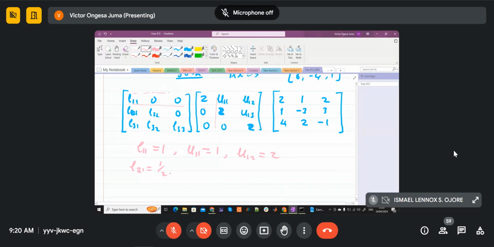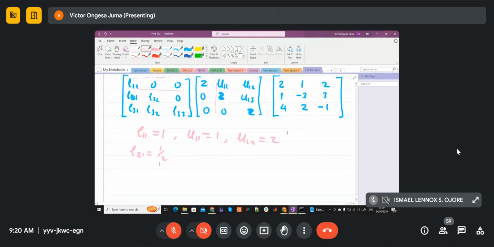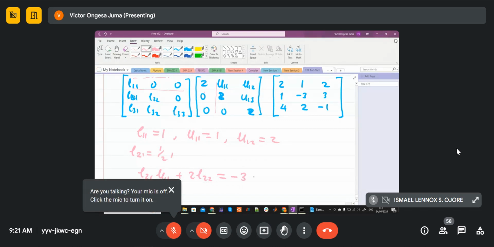Did I do something wrong? I just took this, multiplied by this, and equated to 1. I was avoiding fractions, but fractions are still coming. And then I go to this, multiply by this. I'll have L21 multiplied by U11, plus 2 L22, the same as minus 3.